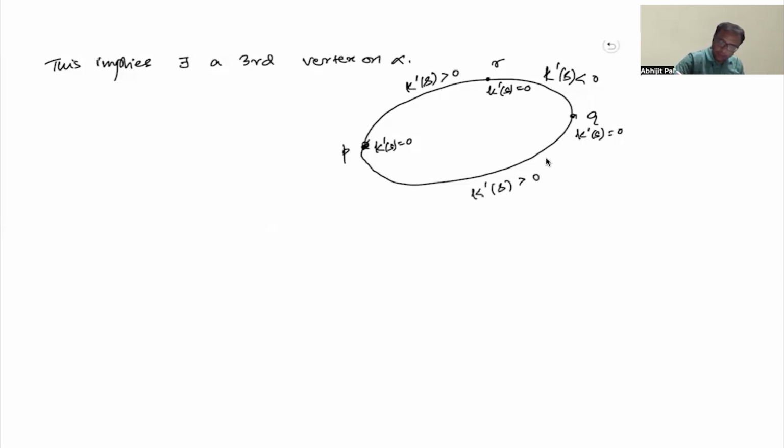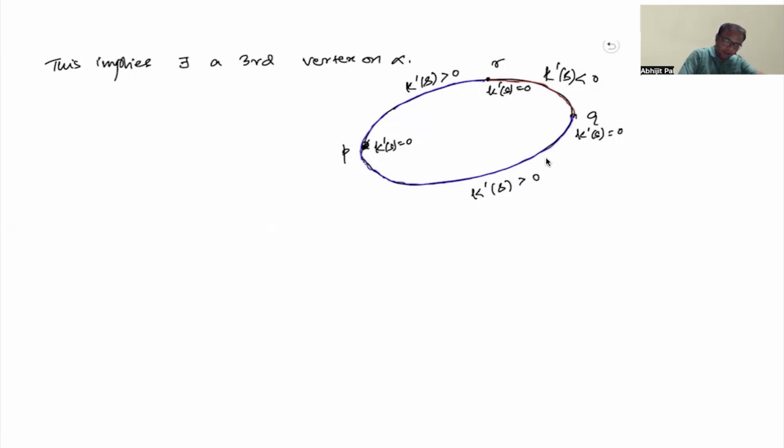Okay, so now observe that in this whole subsegment from R to Q, in this part k prime s is greater than or equal to 0, and in this part k prime s is less than 0.